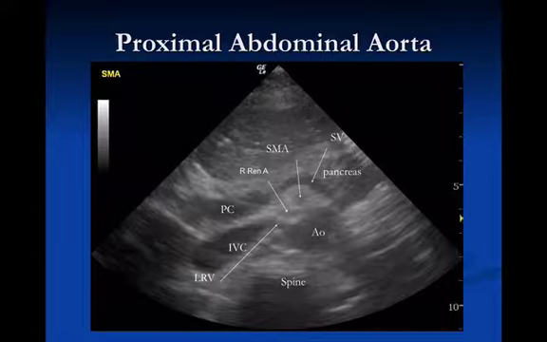The right renal artery will be anterior to the left renal vein. So you'll see these branches happen in quick succession right around the area of the superior mesenteric artery. The portal confluence will come up and over to meet the splenic vein just over the SMA.